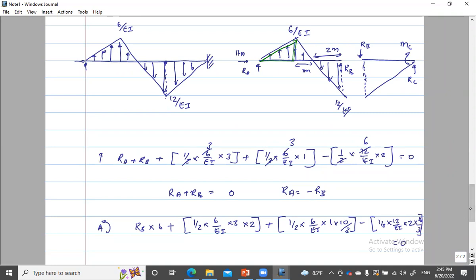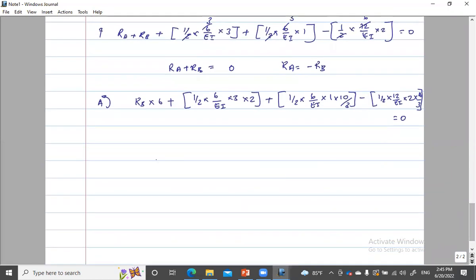That is equal to 0. So if you remove, 6 goes here, goes there, here 2. Then this 2 and 2 cancel off. This 2 will cancel this to 5.